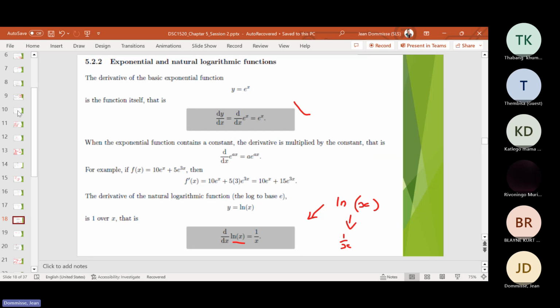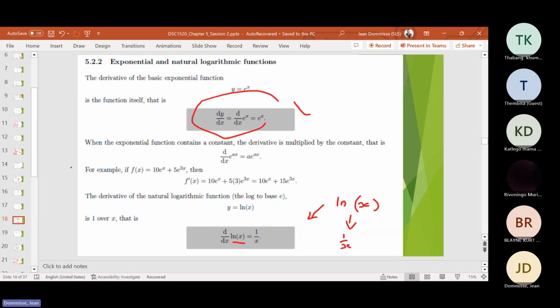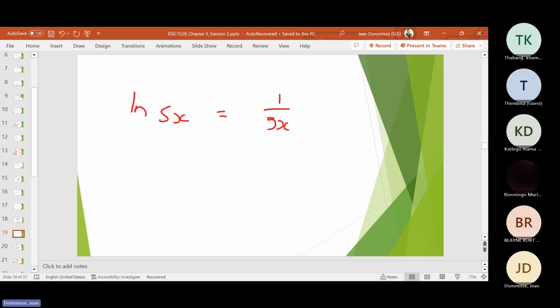It is just showing you how you're going to work with it. What's important to remember here is what happens with it, because they're not really going to ask you something like this to work out in the exam or in the assignments. They will use it in one of the other rules, but in conjunction with another rule.